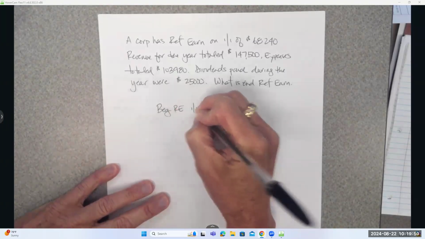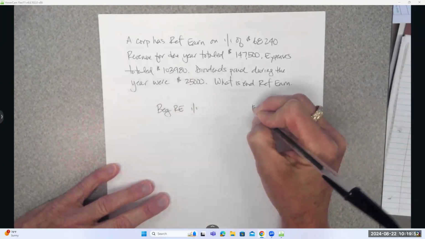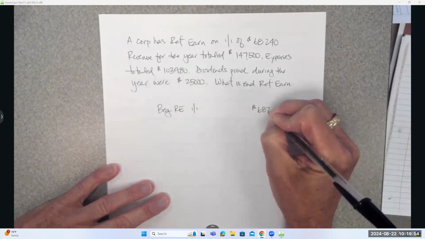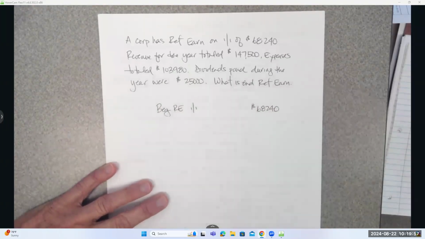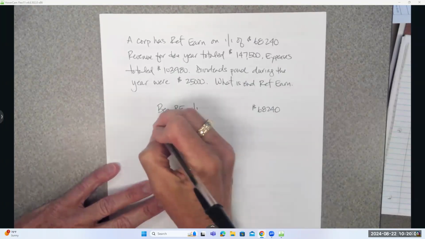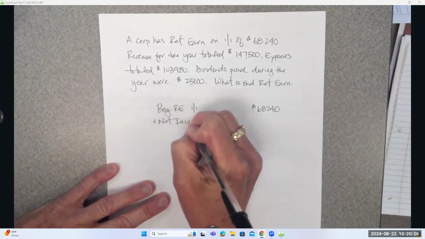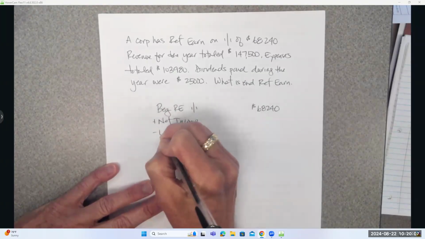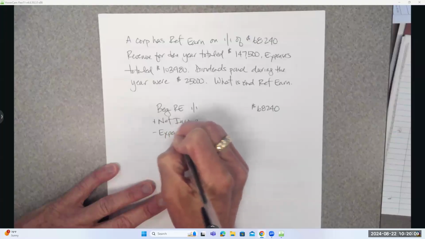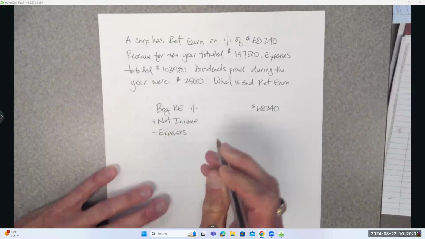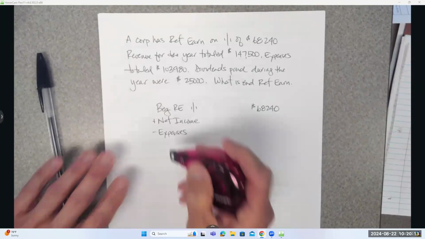What is ending retained earnings? Beginning retained earnings on January 1st is 68,240. That is given. We will add the net income, subtract the dividends, not the expenses.